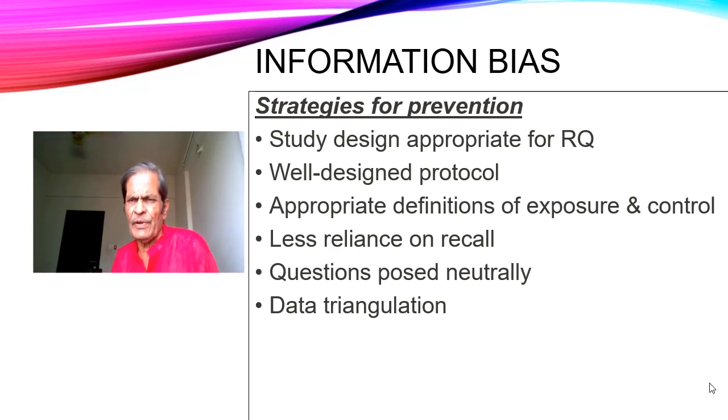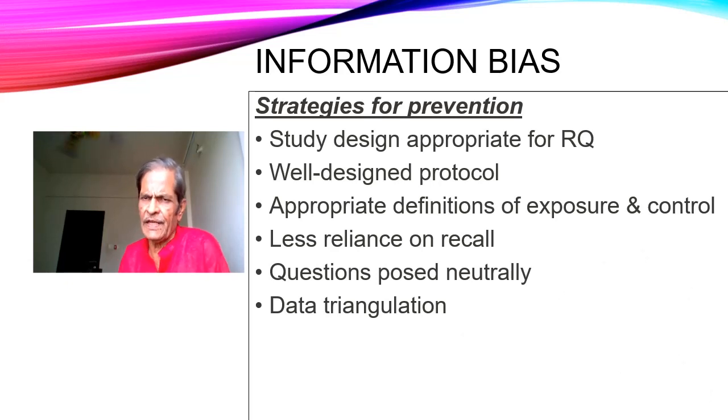The strategies for prevention of information bias could be that the study designs are appropriate for the research question. This particularly comes up when there is a choice between a case control study and a cohort study. There is an equal chance that the research question is appropriate for the case control study as well as for the cohort study. Then you must try to find out whether information bias is likely to occur.